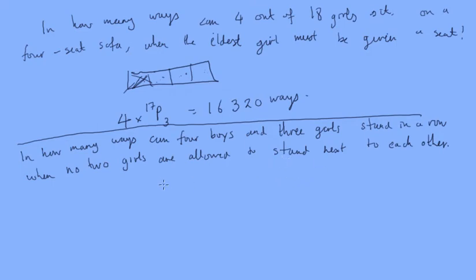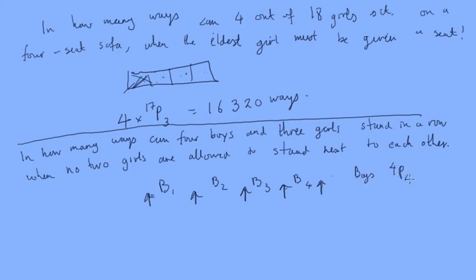So let's think about the boys first. We've got our 4 boys, boy 1, boy 2, boy 3, and boy 4. And there's 3 girls, and the girls have to stand in the middle of the boys, or they can be at the end. So a girl can stand here, here, here, here, or here. So let's think about the boys. They're quite simple.